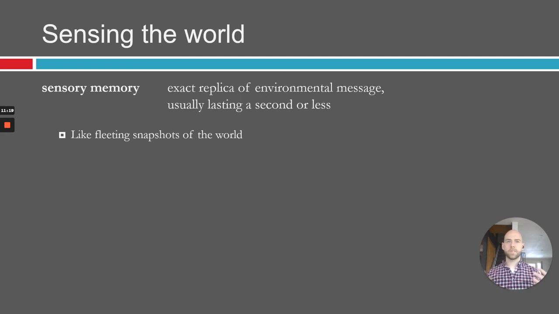So remember sensation, this way that we take environmental stimuli and transduce it into something that our brain can use. Your brain is making moment to moment little copies of what you're sensing in the world so you can use it in the present, basically.